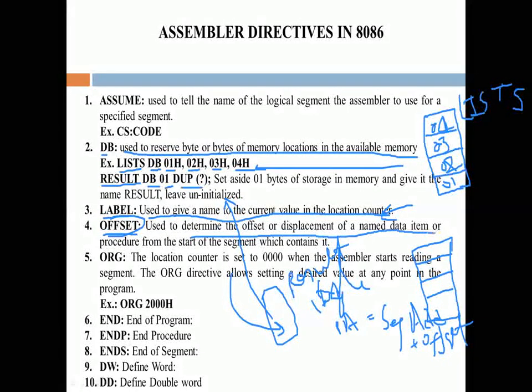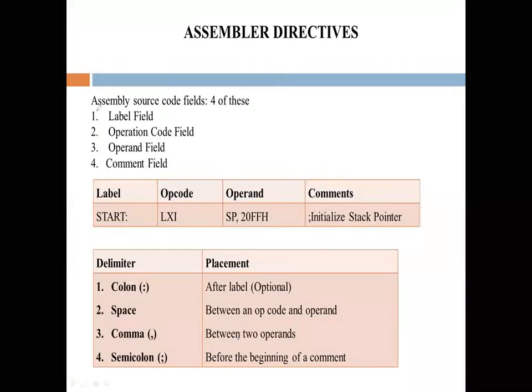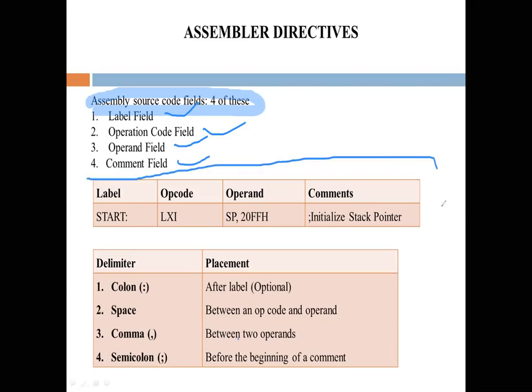An assembly source code line contains four fields. First one is the label field, second is the operation field, third is the operand field, and fourth is the comment field. In this table, we see every field with its example. Label is the logical name of any program counter position.